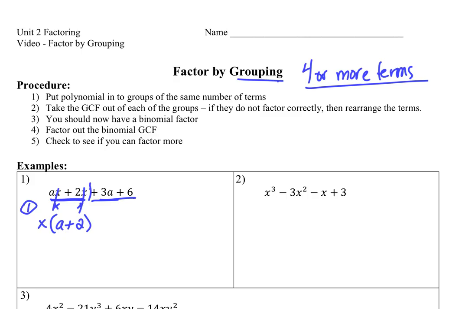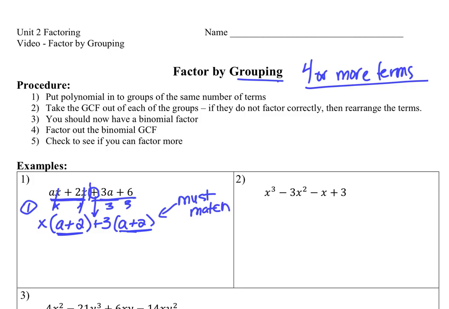Now remember, this sign right here is always the sign that you put here. Doesn't matter what your GCF is, that sign always goes there, and that is the sign of the GCF. So here we have 3 that divides into both of these. So positive 3 is our GCF, and we're left with a plus 2. You'll notice that this one and this one have to be the same, must match.